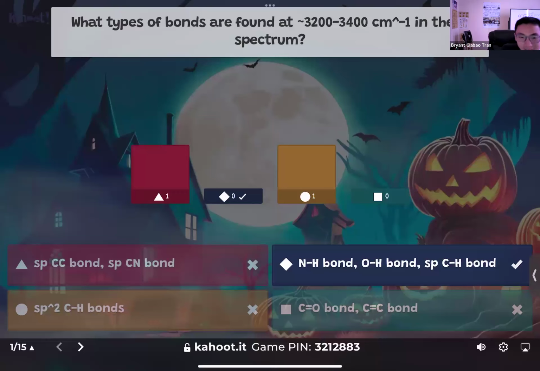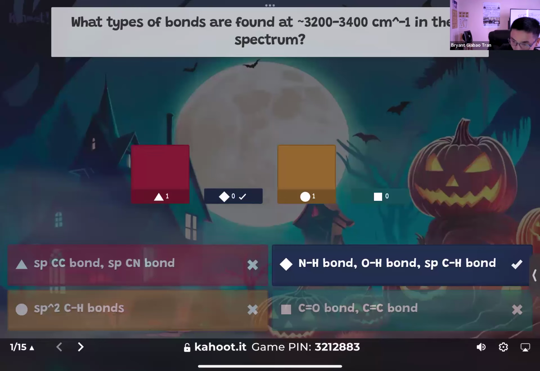Yes, so the types of bonds that are found around 3300 are the alcohol, the broad peak, the carboxylic acid, the amines, like secondary and primary amines, and the sharp sp carbon hydrogen peak, the terminal alkyne hydrogen. Right? If you look at the red option, where would that show up? Like if we look at the sp C-C and sp C-N bond, the triple bond region, where's this triple bond region?